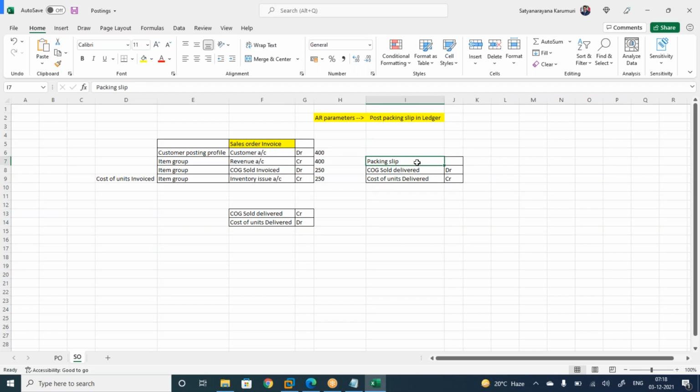I mean charges and taxes will not be included at the time of packing slip, and whatever was posted will be reversed at the time of invoice. All accounts are mapped in the item group.